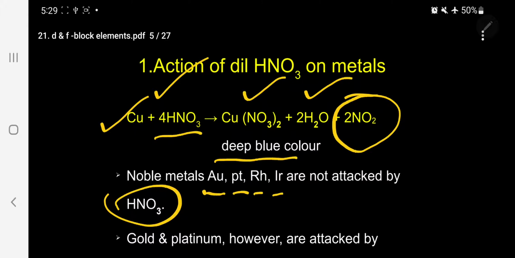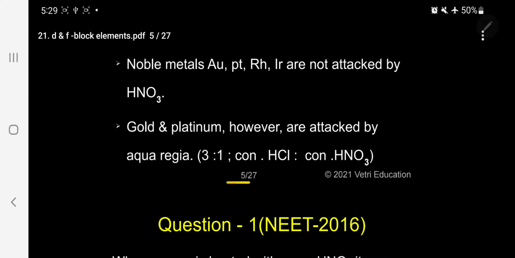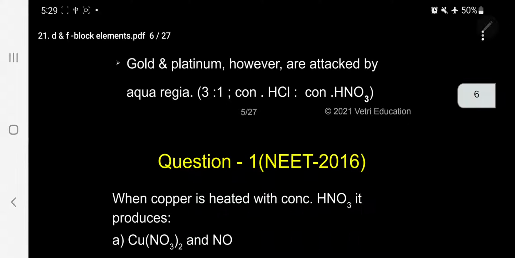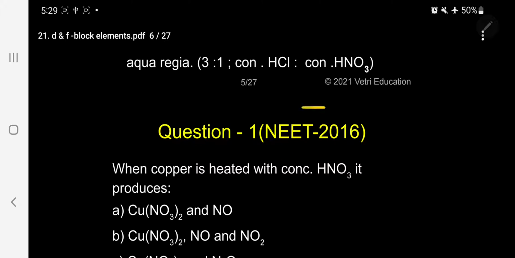Gold and platinum, however, are attacked by aqua regia, that is a 3:1 mixture of hydrochloric acid and nitric acid, 3 parts of hydrochloric acid and 1 part of nitric acid. So, kindly follow here.